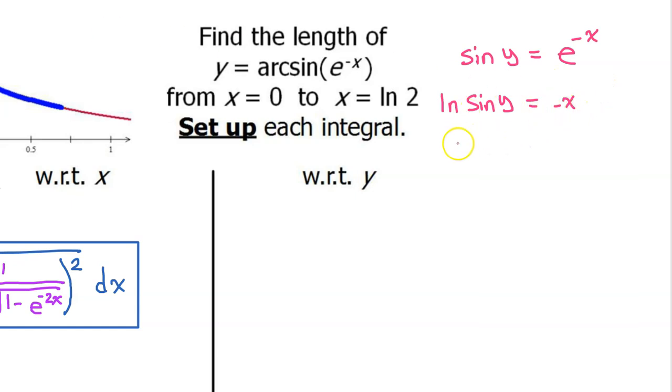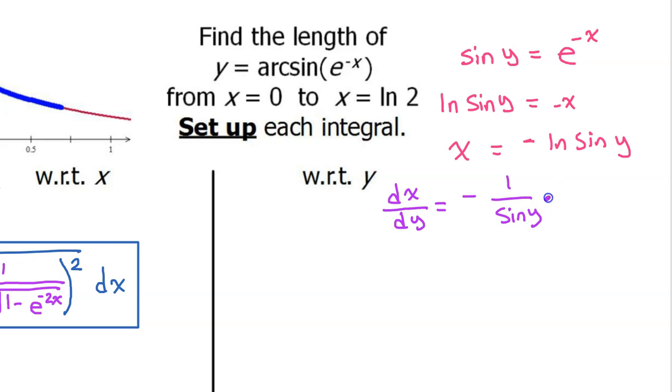Dividing both sides by negative 1 gives us x is equal to negative natural log sine y. Before we can set up the arc length formula, we need to find the derivative dx dy. I'm going to bring down the negative sign in the front, and we know the derivative of natural log u is 1 over u.